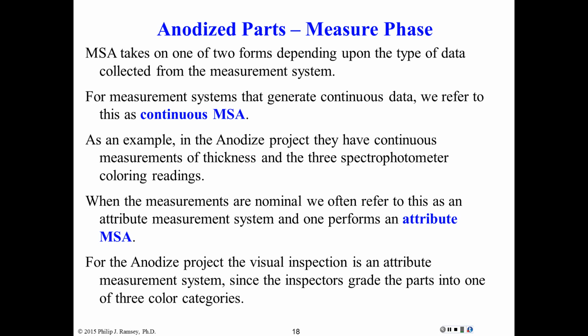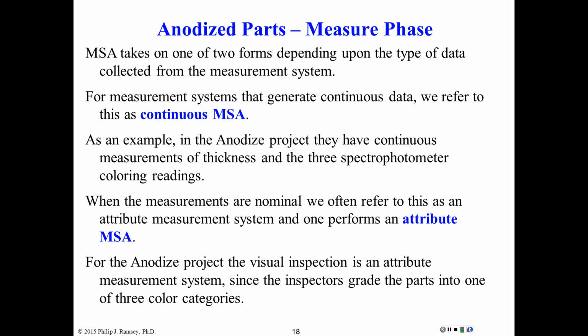There's also a type of MSA that deals with attribute systems. Basically, these are systems in which the measured characteristic is nominal or categorical. In the case of this project, the visual inspection and grading of the parts is called an attribute measurement system. In other words, no continuous measurements are taken.